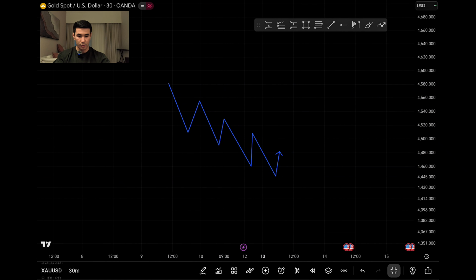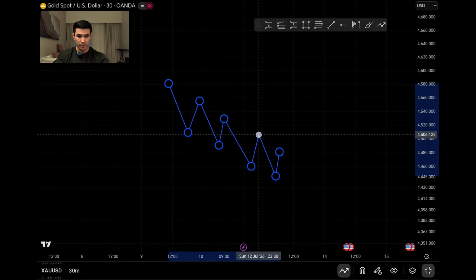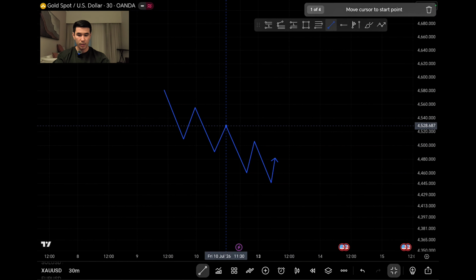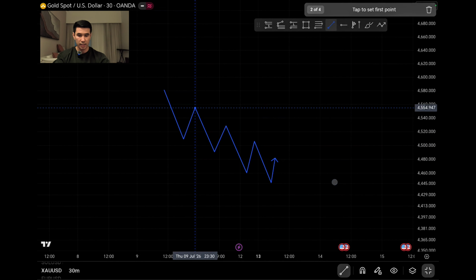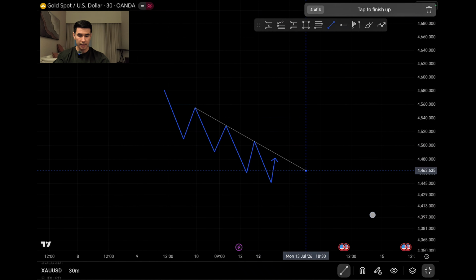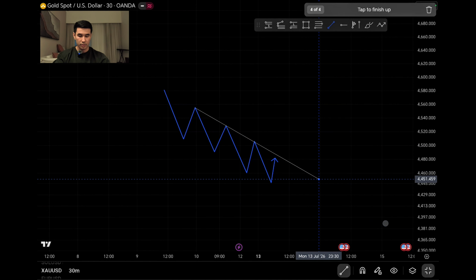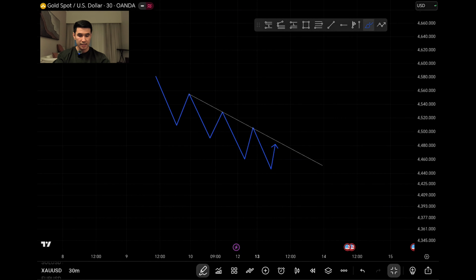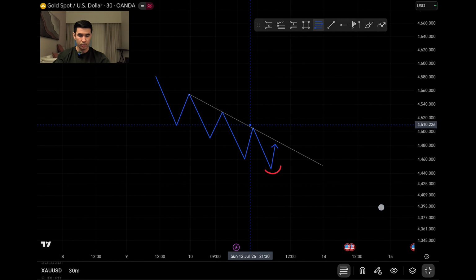Now it starts returning back. Let me just make them look nice. So here you just have to put the trend line here. Okay, trend line.